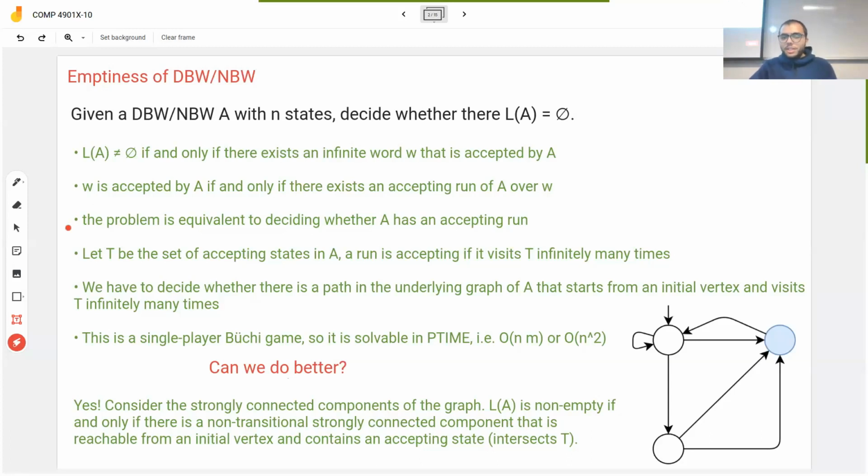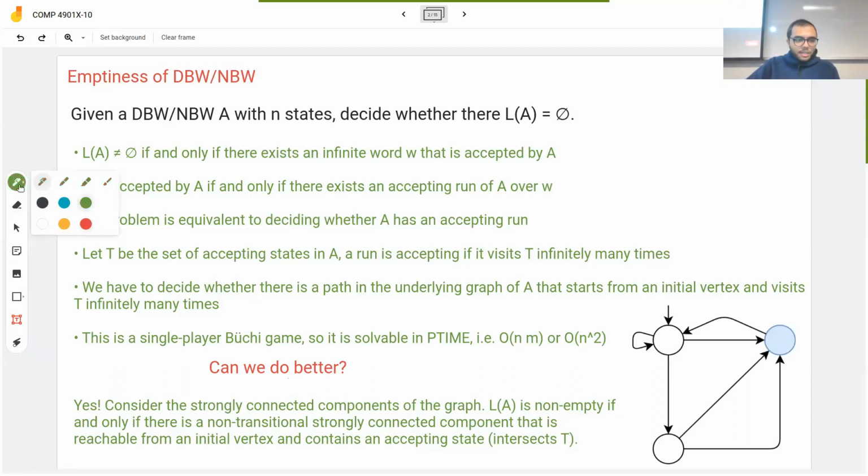Well, the first condition is that I need there to be a cycle. The second condition is that I want that cycle to contain one of the blue vertices. And finally, I want that cycle to be reachable because I have to be able to reach it from my initial states. If I cannot reach it, it's a useless cycle, right? So if I find a cycle like that, I'm happy.